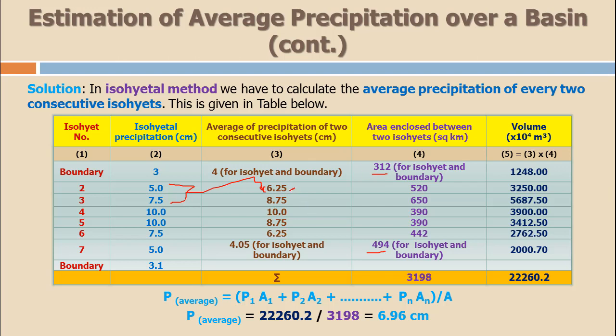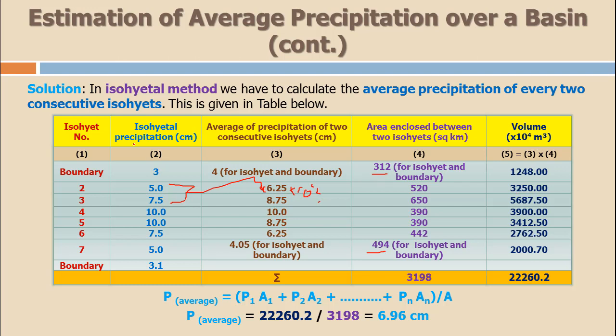Here it is centimeter, so you will multiply this value with 10 raised to the power minus 2 to get it into meter. And similarly it will be multiplied with 10 raised to the power 6 for square meter. So 10 raised to the power 6 and 10 raised to the power minus 2 becomes 10 raised to the power 4, and the remaining value is just multiplying 6.25 by 520, which gives you 3250, and 10 raised to the power 4 cubic meter is taken as common from all.